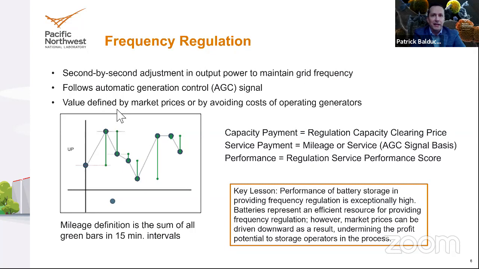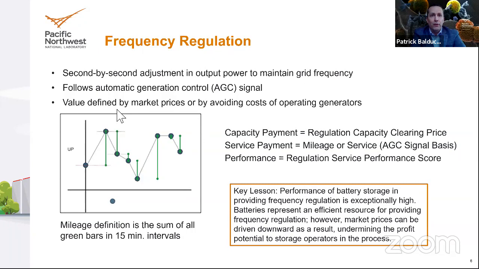So if you're performing at 95%, and there's a complex algorithm for defining your performance score, the ISO market will monitor your performance. And if you obtain, let's say, 95% performance, then your payment would be multiplied by 0.95, or there's a 5% degradation of the performance score, and therefore the value that you receive.